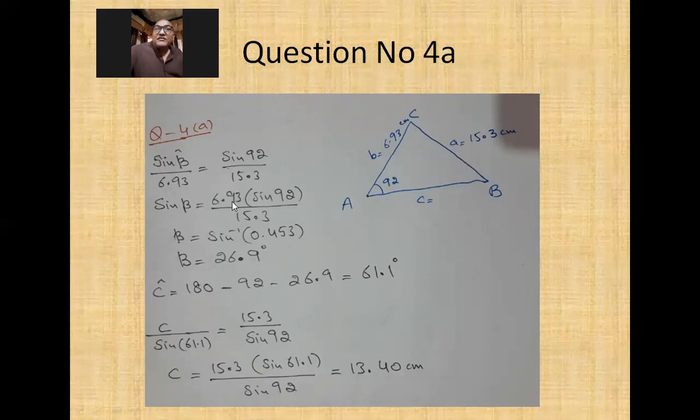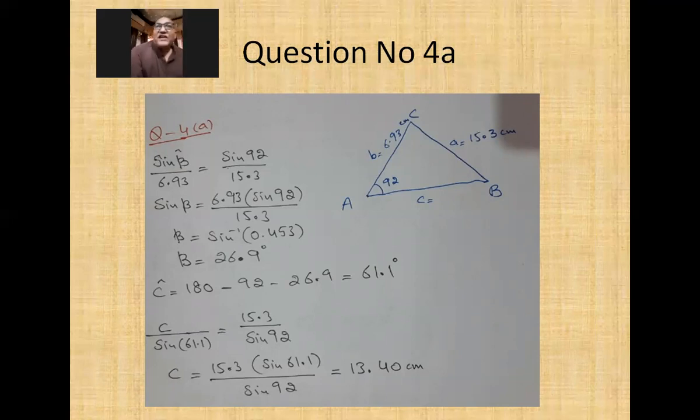So the sine B will be equal to 6.93 multiply sine 92 divided by 15.3, that will give you a value of 0.453. Then that sine will go to the other side and the B will become alone. So the B will be equal to sine inverse 0.453, and that is 26.9 degrees. So the angle B is 26.9 degrees.